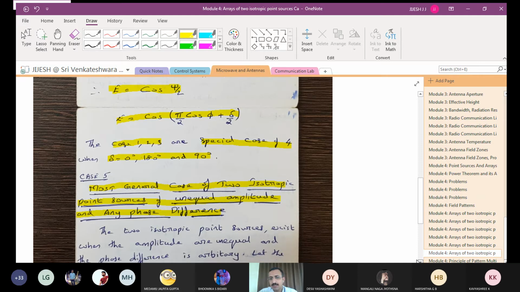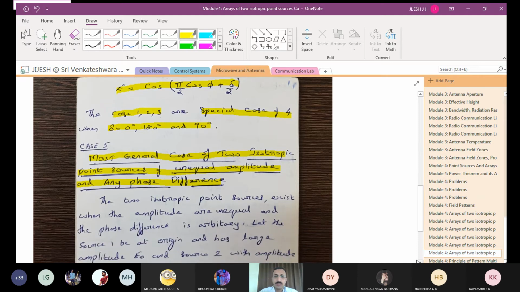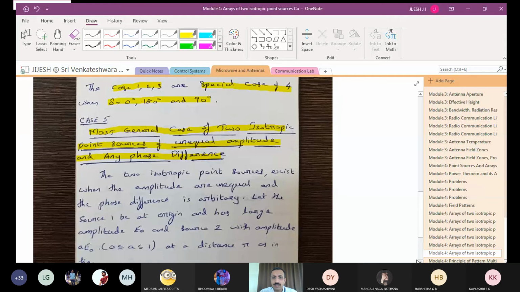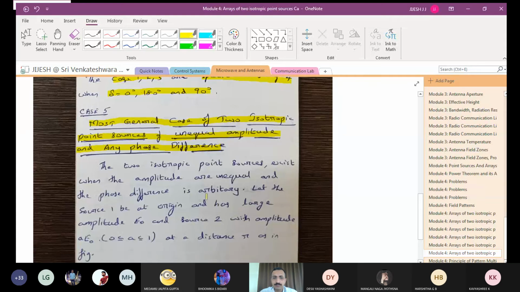So in case 5, you are going to take two isotropic point sources of unequal amplitude and any phase difference. Now we have to consider two isotropic point sources, source 1 and source 2, having unequal amplitude as well as any phase difference. So it is the most general case you can call it.